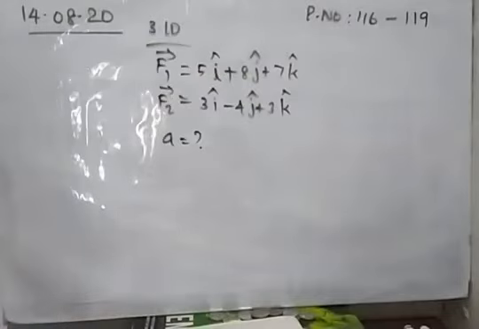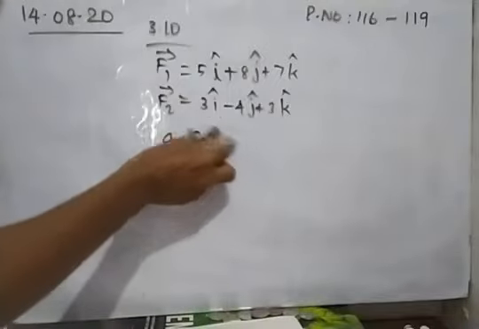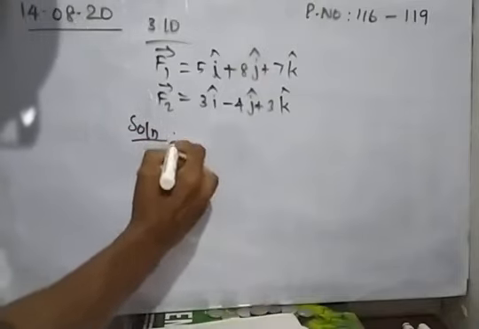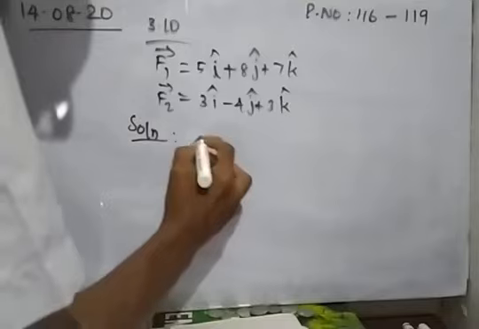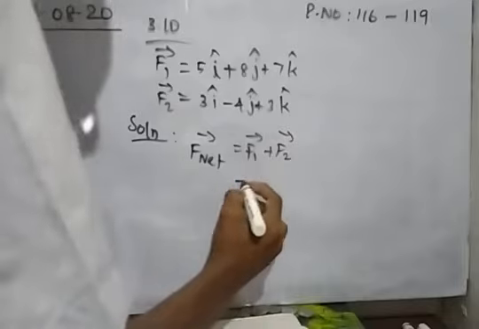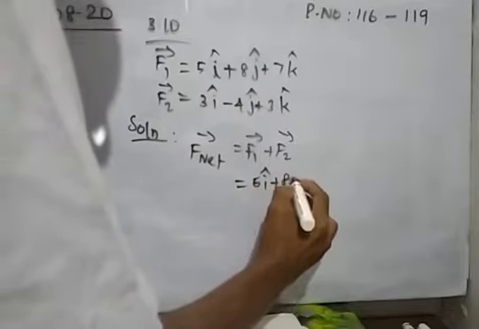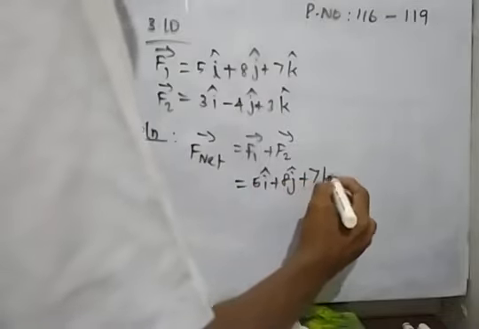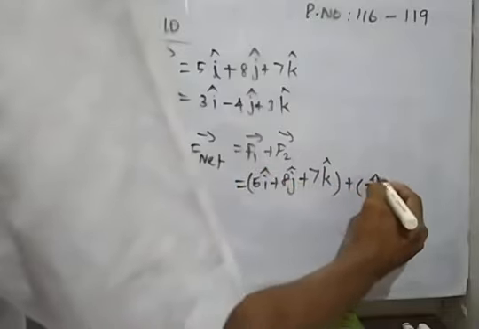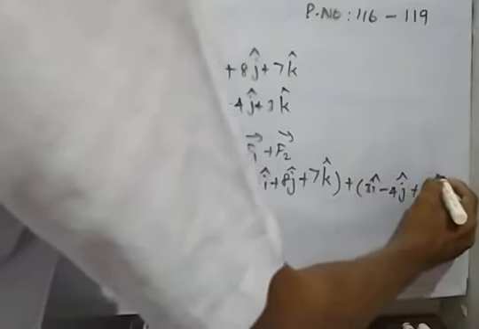Since there are two forces acting on the same object, we want to find the net force. The net force F net is equal to F1 vector plus F2 vector, which is 5 i cap plus 8 j cap plus 7 k cap plus 3 i cap minus 4 j cap plus 3 k cap.